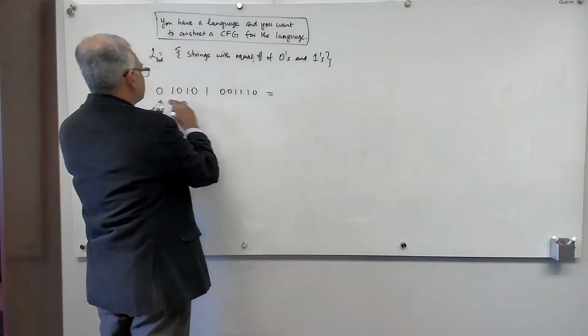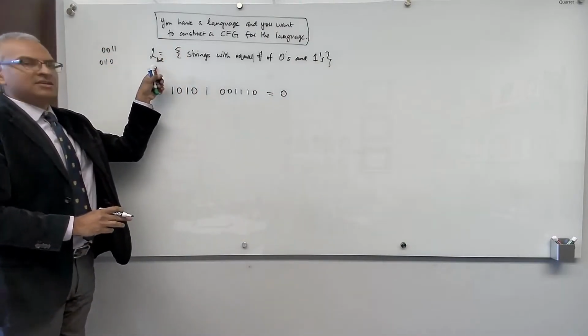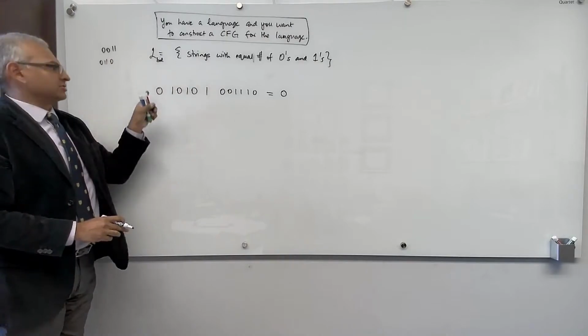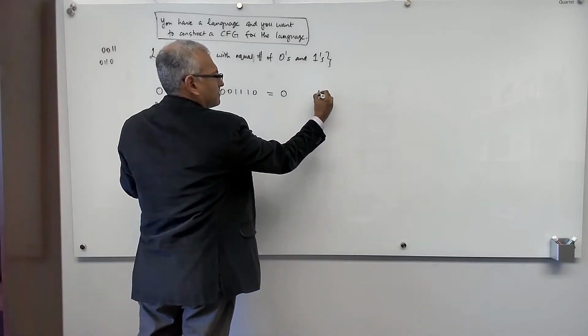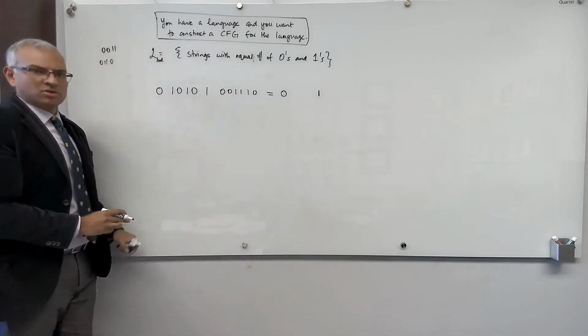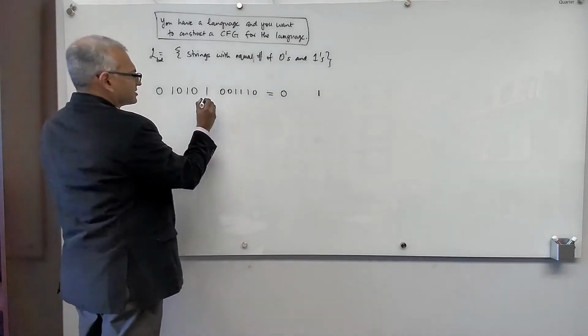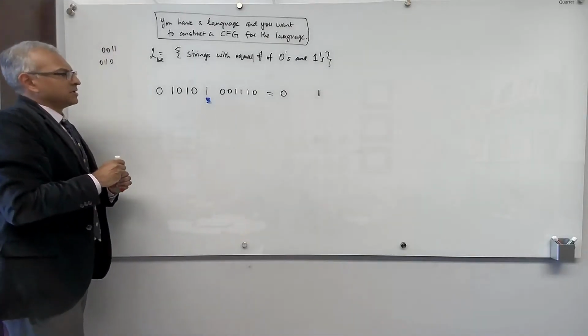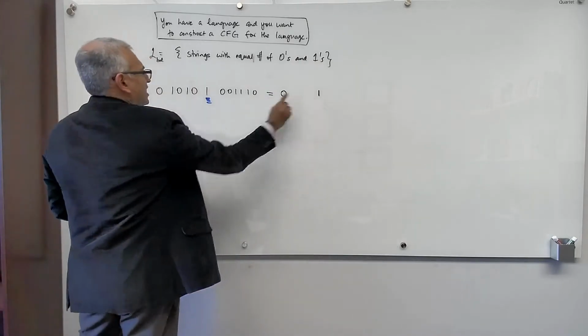Since the language is balanced, there must be a 1 somewhere. I'm going to highlight a particular one, this guy. We know there's at least one 1.